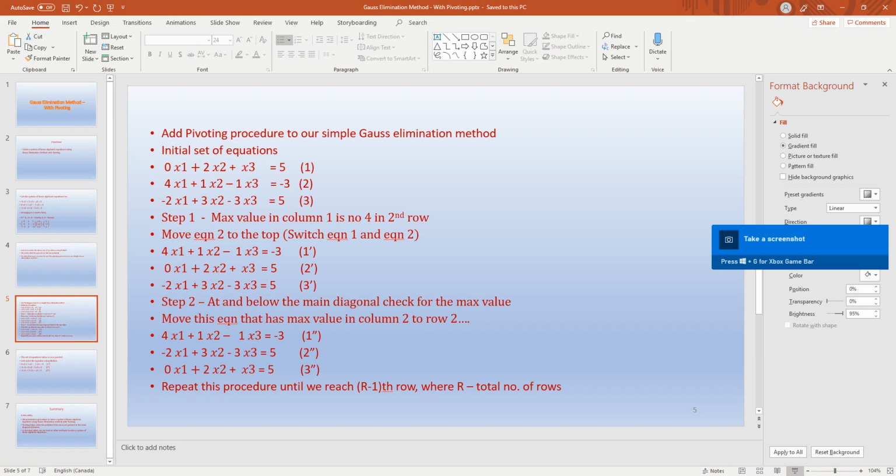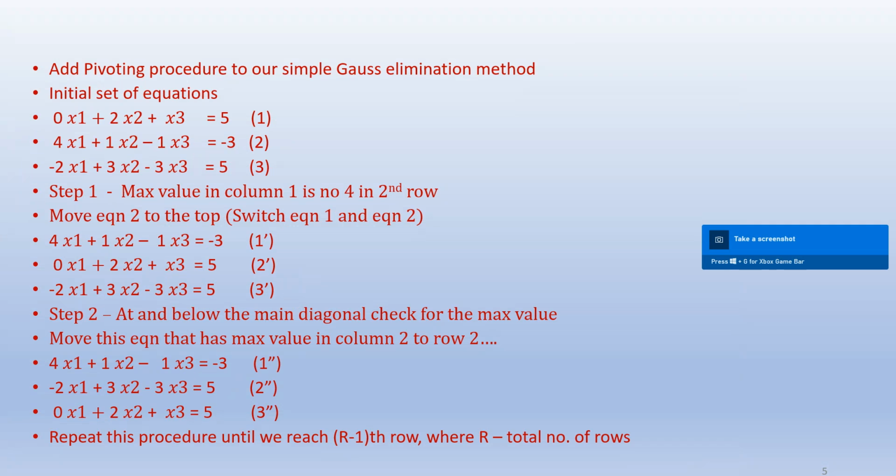So the initial set of equations is given here. And then what we need to do is interchange the rows to meet the pivoting guidelines. For example, in the first column, we have to find the maximum value.